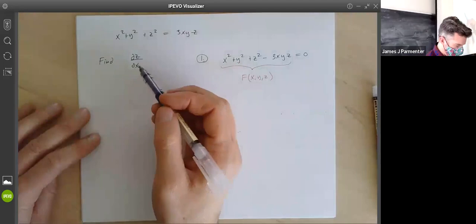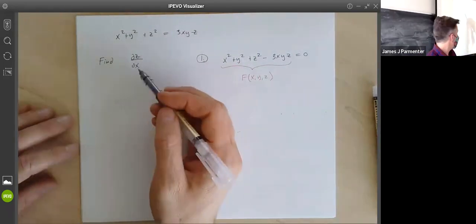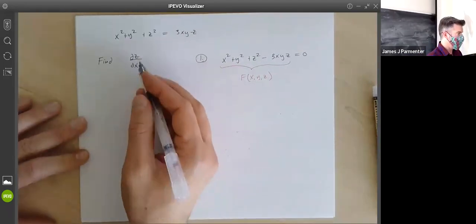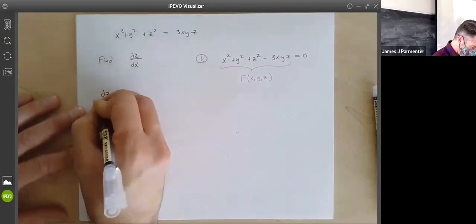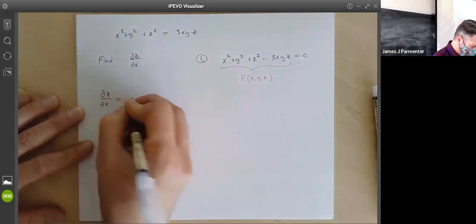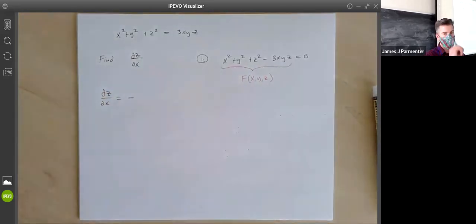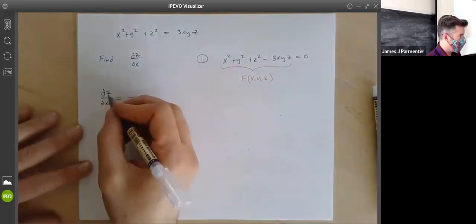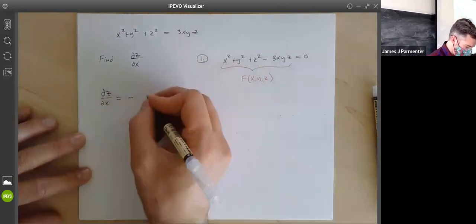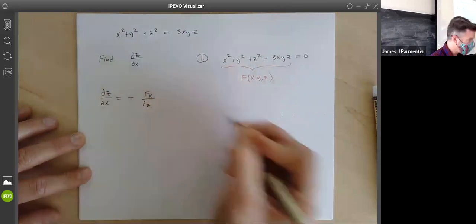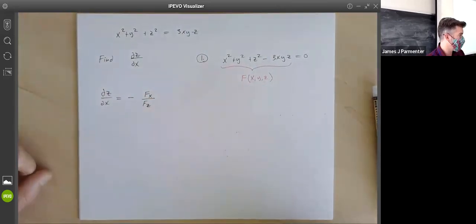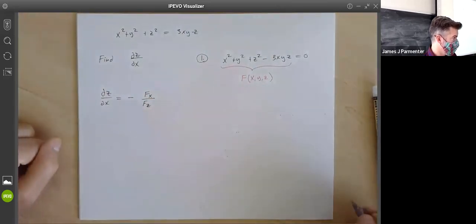The nice thing is that whatever you're trying to find, del whatever, it's always going to be the negative of the partials in the flipped direction. Meaning if I'm trying to find del z del x, it's going to equal negative f_x over f_z. And we're going to treat y like a constant.